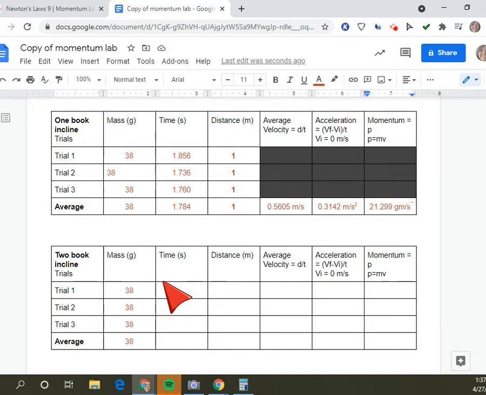All right. So we're going to do 3 trials basically for time. We know that our distance, we're going to cut it off at 1. Making the distance 1 also makes our calculations a lot simpler. Not 4. 1.